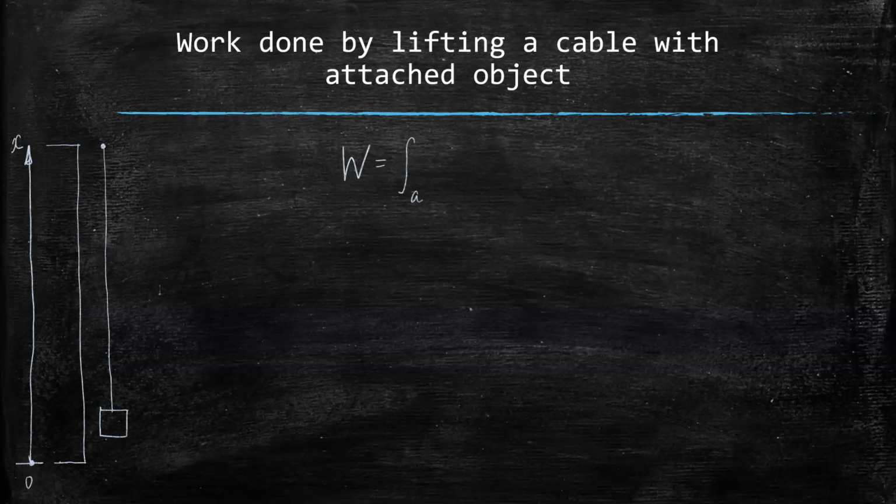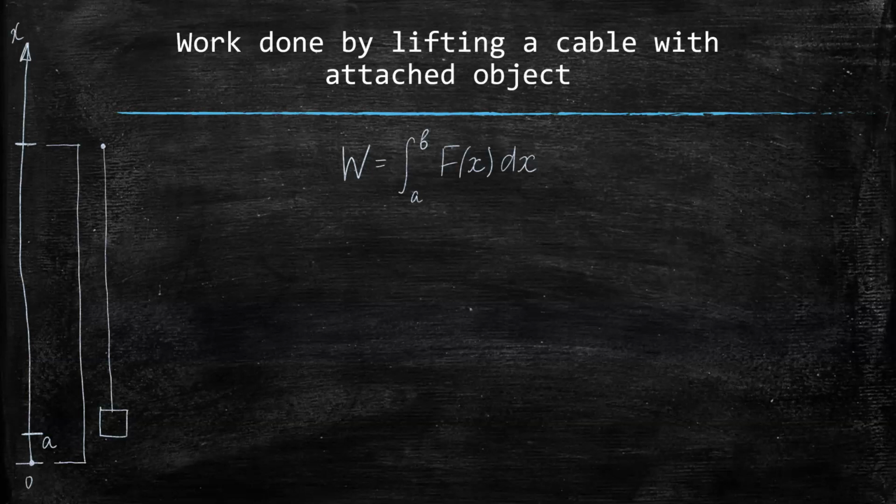It's going to be the integral from a to b of f of x dx. And a here will be the lowest position of the object, and b will be the height of the building, or where we take the object. So this is going to be my b.